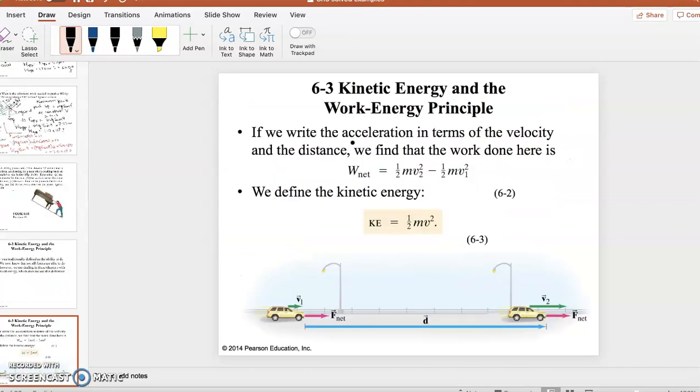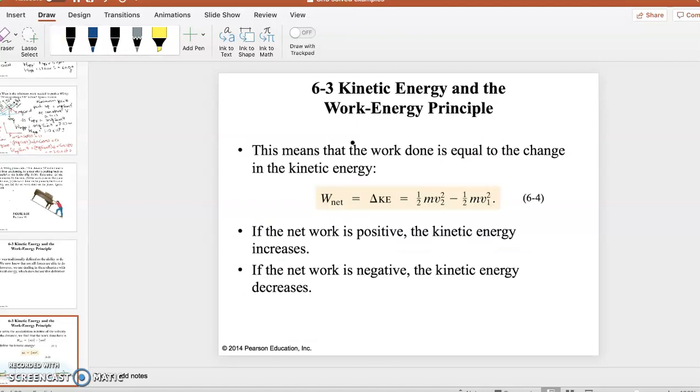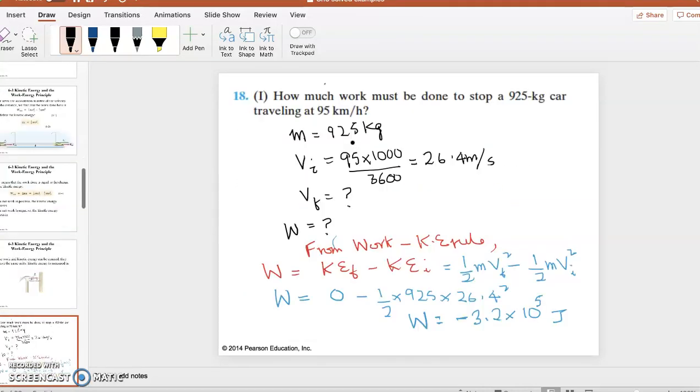That's it. Work energy principle that I explained earlier, that work is equal to the change in the kinetic energy. Basically, this is a simple problem. How much work must be done to stop? The word to stop means V final will equal 0. And this is the mass.